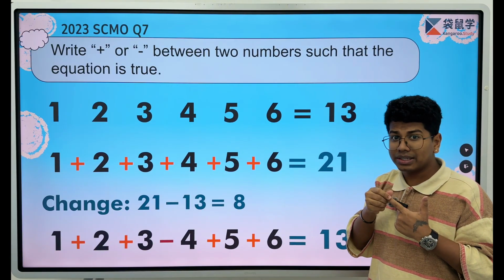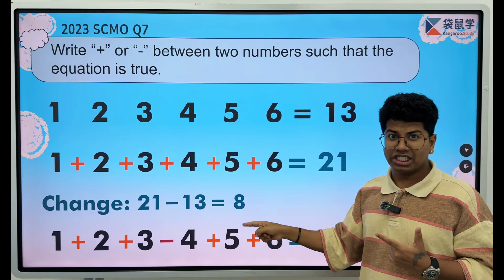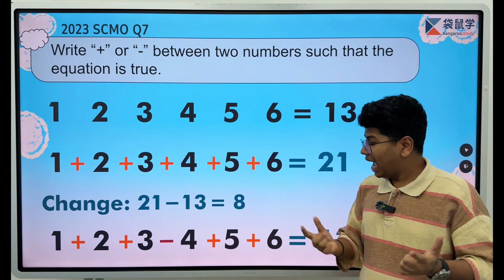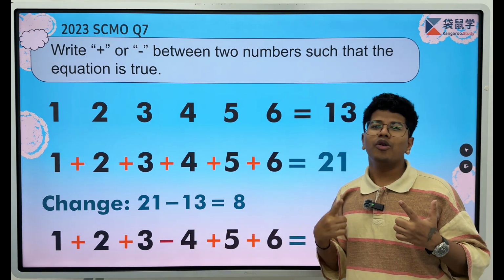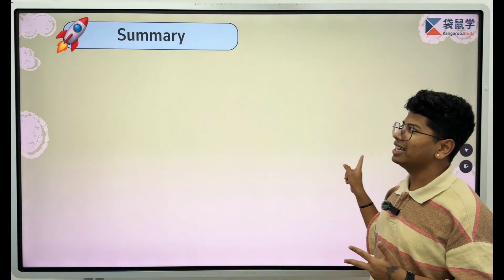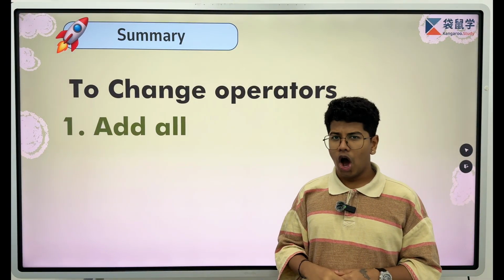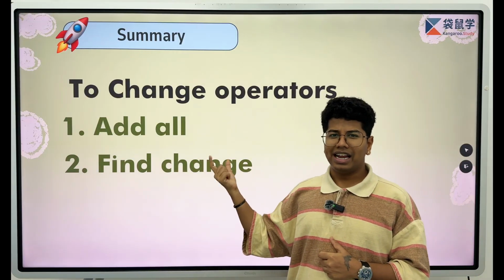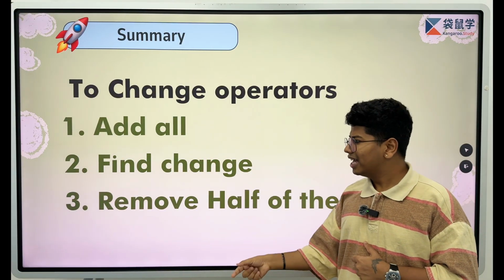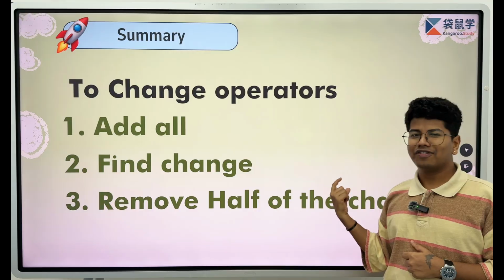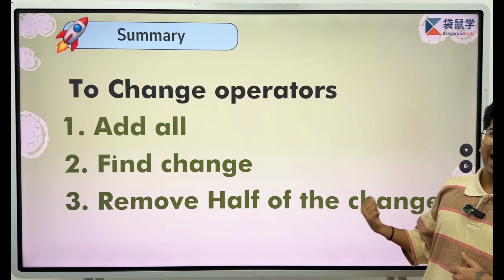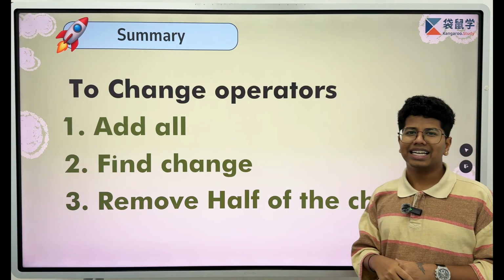Whatever the change is, take half of it and then remove. Remove means minus. So these are three simple steps to change the operation. First, add all. Second, find the change. And third, remove half of the change. And that's how we can get the answer.